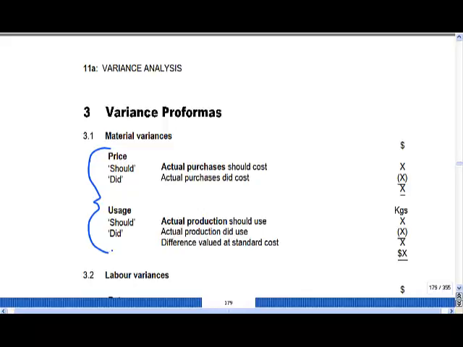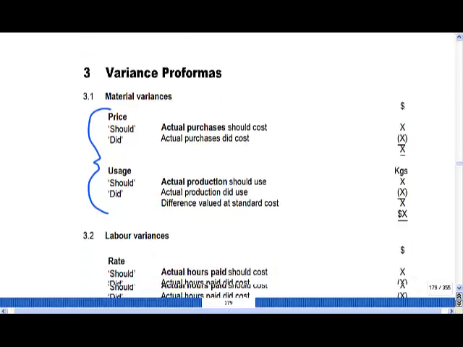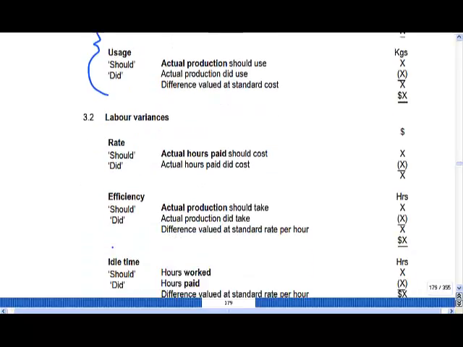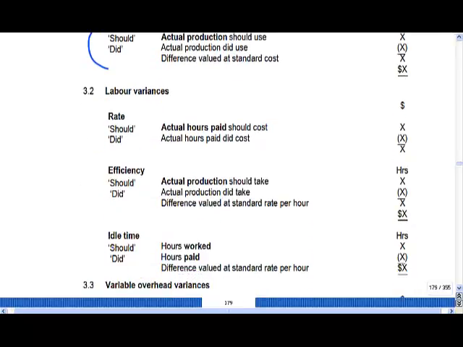We're just changing what we're looking at from maybe kilos in materials to hours in labour. So essentially for those 6, we've really got 2 pro formas you need to learn. Your labour variance with idle time here is the standard one, assuming that we haven't budgeted for any idle time. So we're looking at the difference in hours worked and hours paid.